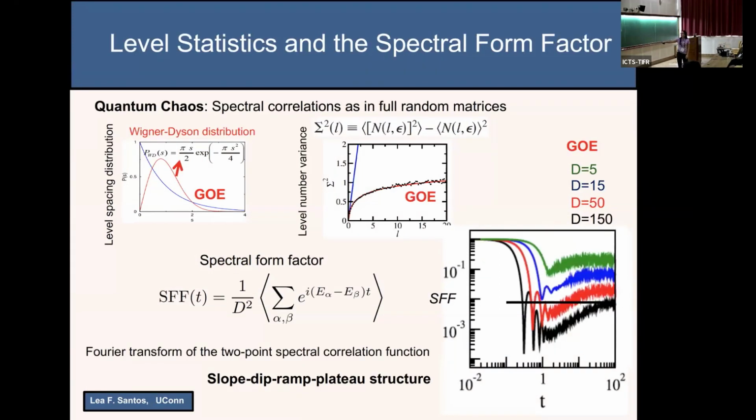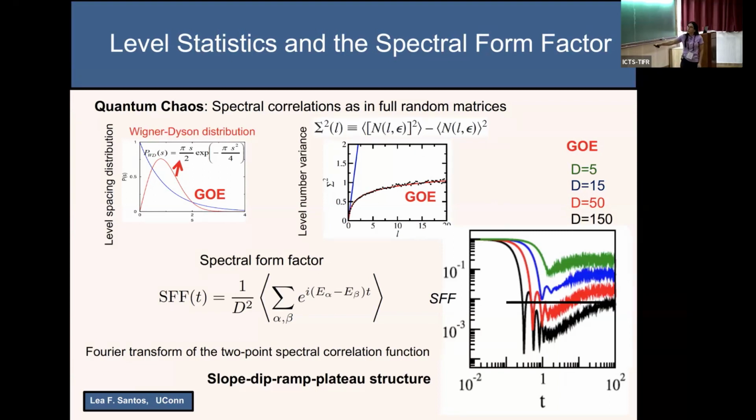The spectral form factor is the Fourier transform of the two-point spectral correlation. When we have chaotic systems, then the spectral form factor exhibits this structure where you see a dip, a ramp, and then this plateau.